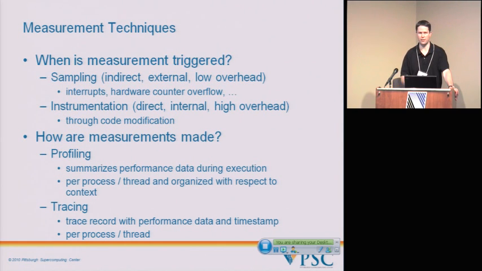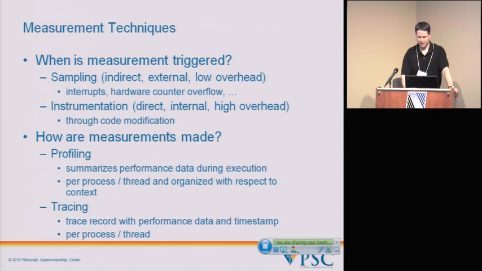So in the end, you'll get sort of a flat profile of the code where you're lumping everything together and organizing it with respect to the context that you defined that you wanted to instrument and look at.